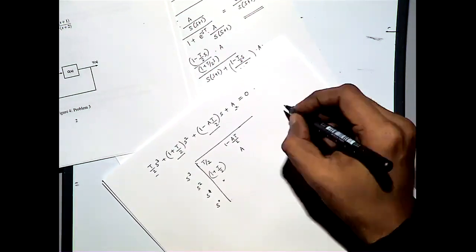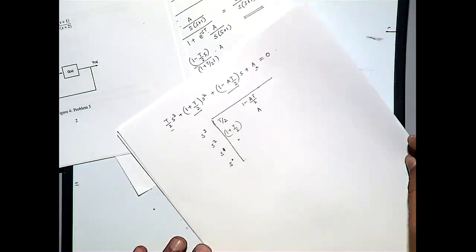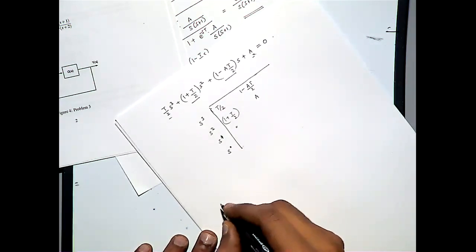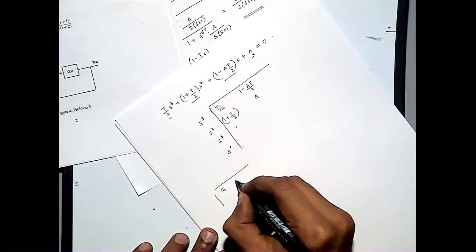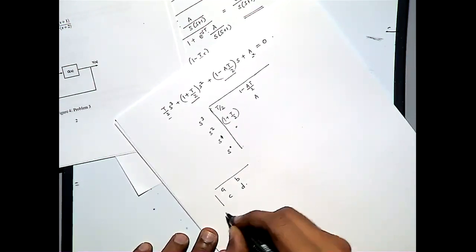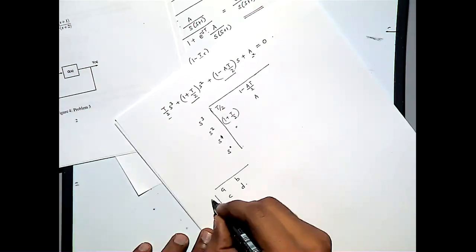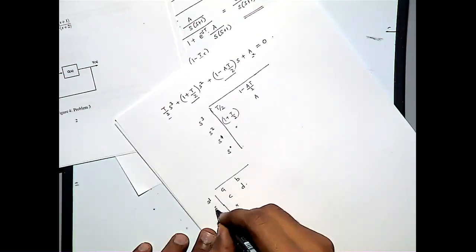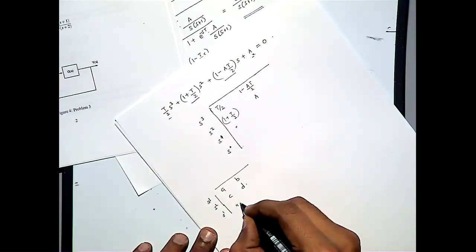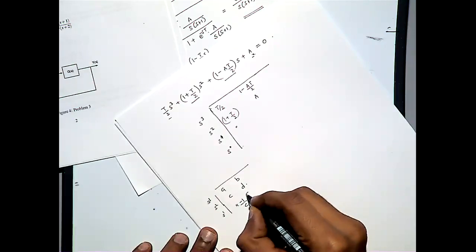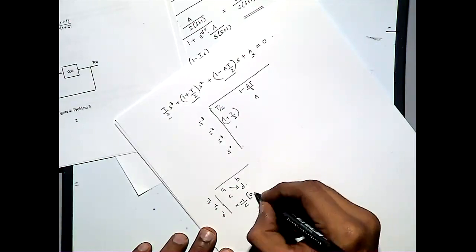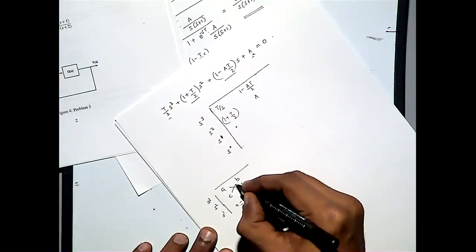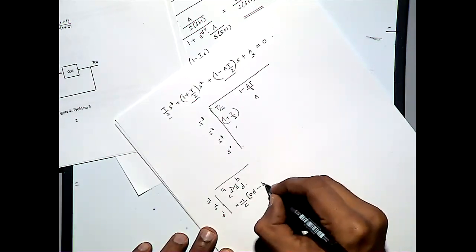What we do is assume it was a, b, c, d, then for s cube, s square, s1, this term will be minus 1 by c times (ad minus bc), cross multiplied.